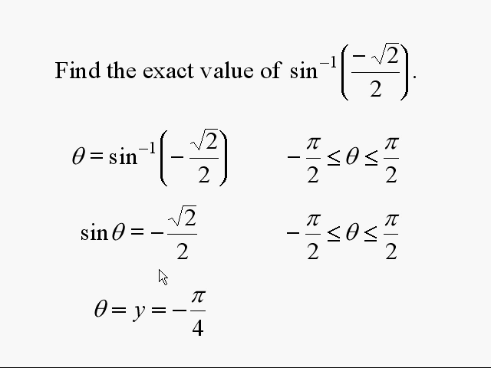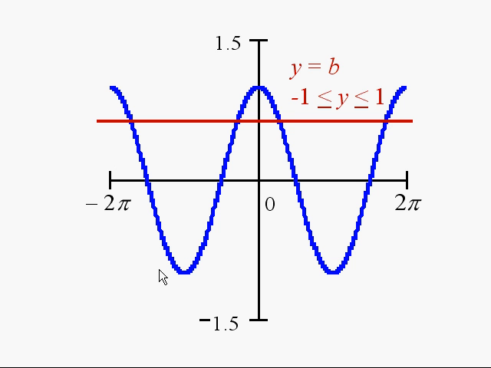Now let's think about how it looks for another trig function. Instead of sine, let's do cosine. The same problem arises. For cosine, we have to worry about the fact that cosine is in general a multi-valued function. There are lots of angles that have the same cosine.